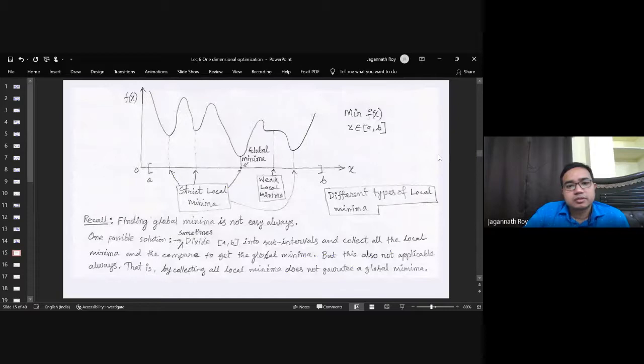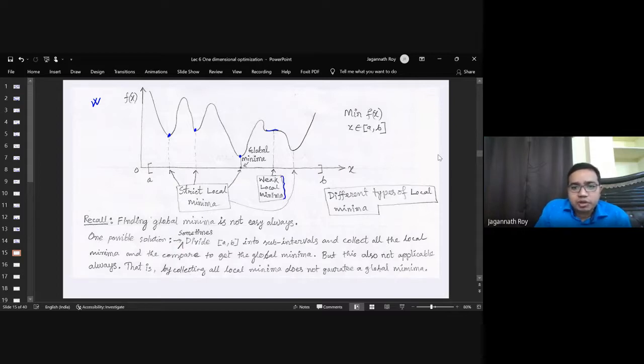This will come again and again, because our goal is to find the local minima. We may have a situation where there are strict local minima, and this is the global minimum after comparing. But here we have a weak local minimum.